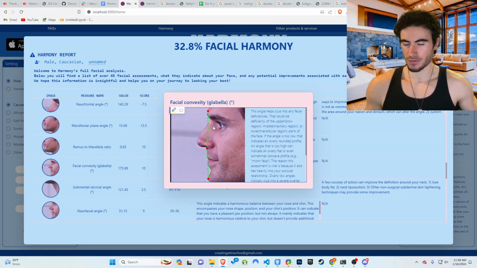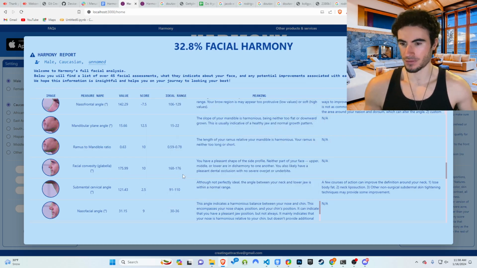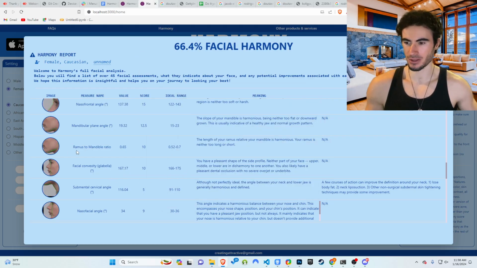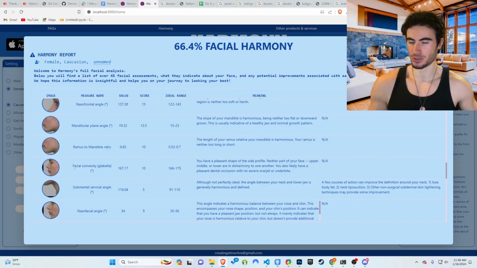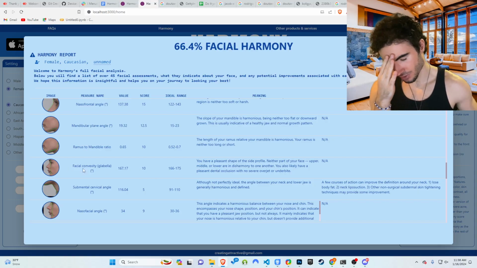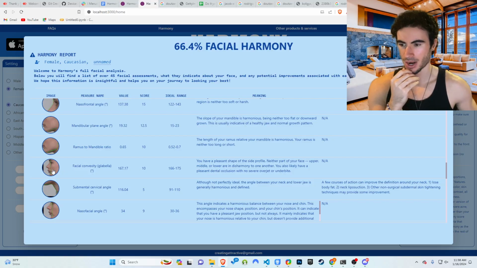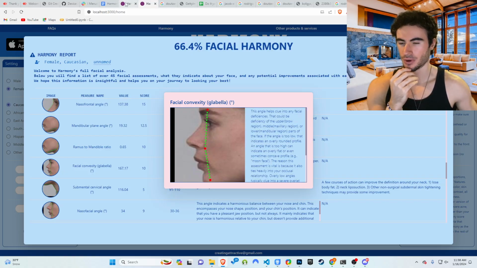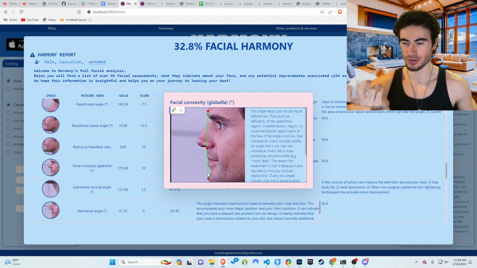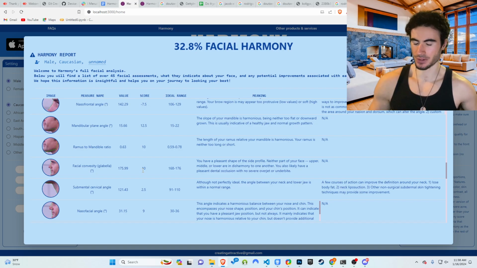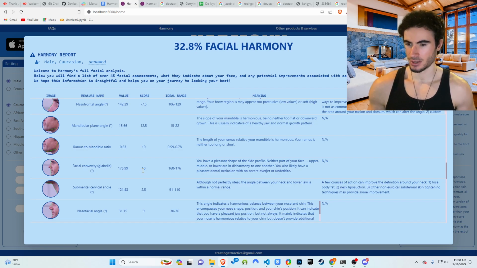These measurements, the facial convexity, they do have subtle differences between male and female, but the primary goal of these assessments is to determine the harmony between one's glabella, so this forehead region near the brow. The image is showing wrong here, I'll just show you here. The glabella here, the subnasal, and the chin. So generally the harmony between all of those should be pleasant, and there isn't too much of a difference between males and females.